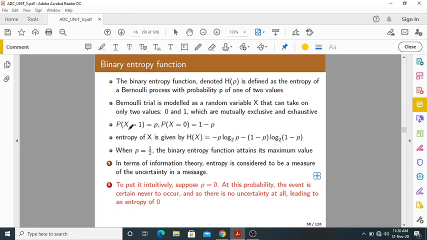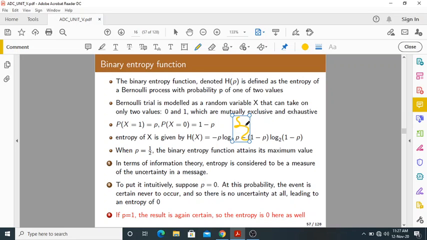What do you mean by that? The probability that x equal to 1 is 0, so this would be 1, which means the probability that x equal to 0 equal to 1. Now if p equal to 1, this will be 1 and this will be 0.